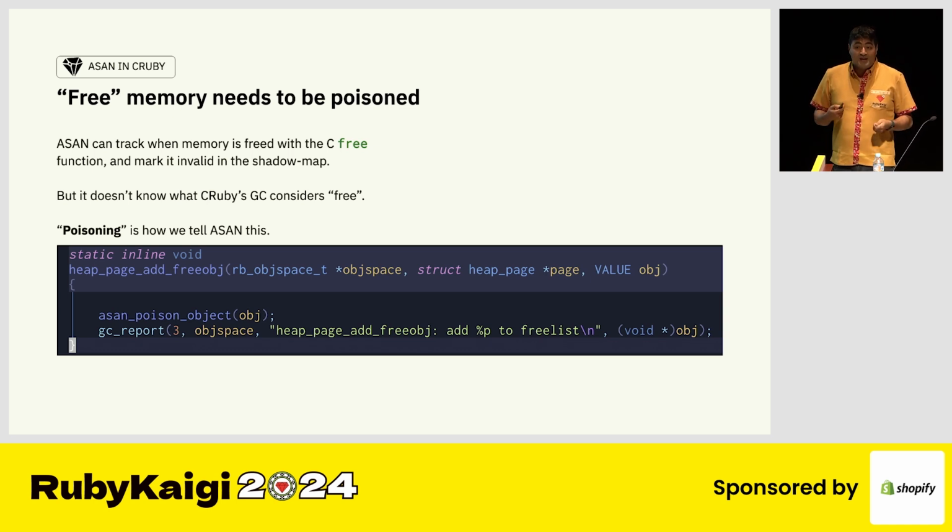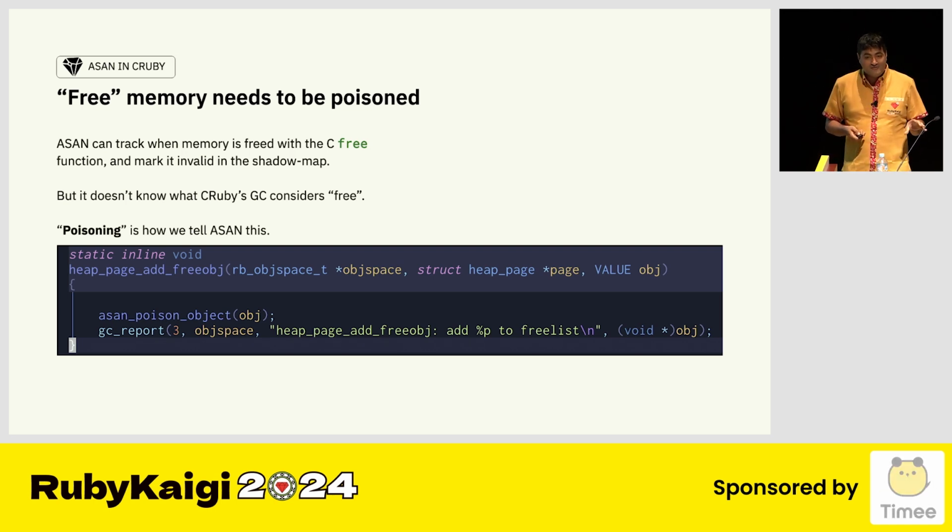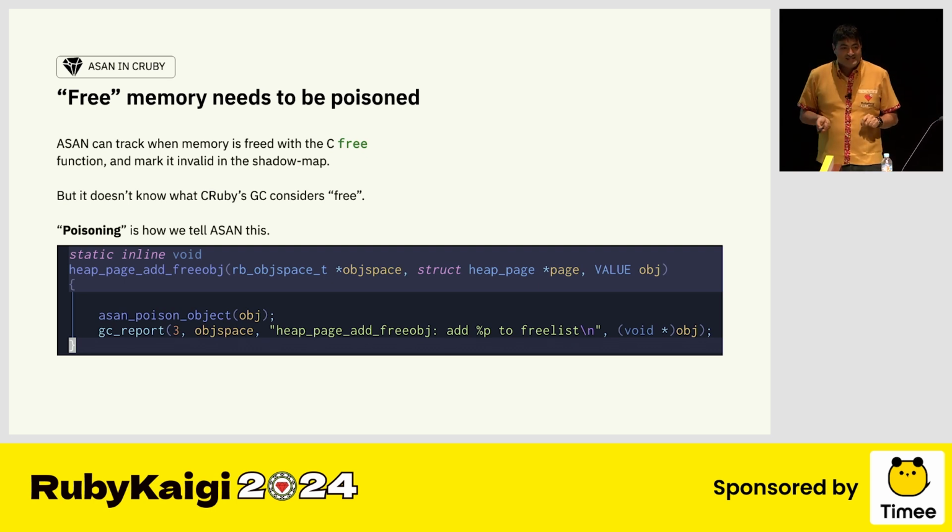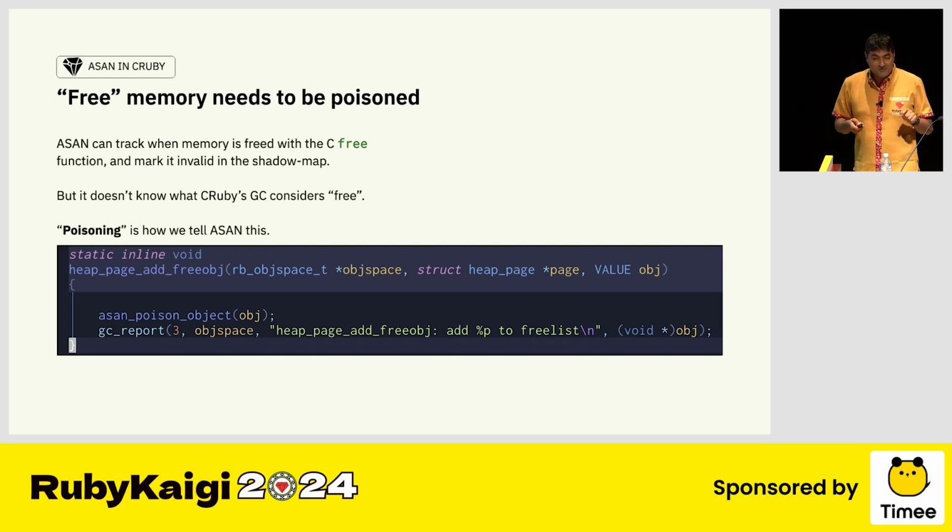But it's nice to detect when we write to a free Ruby object that's not actually really free. And poisoning is the mechanism we use for this. So I didn't actually do a lot of this. Many of the required calls to ASAN poison object and ASAN unpoison object were already sprinkled throughout the code base.